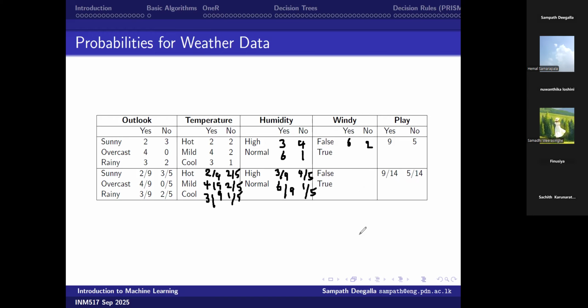So you have 6 and 2. Can you check? Then true values, we have 1, 2, 3, 4, 5, 6.